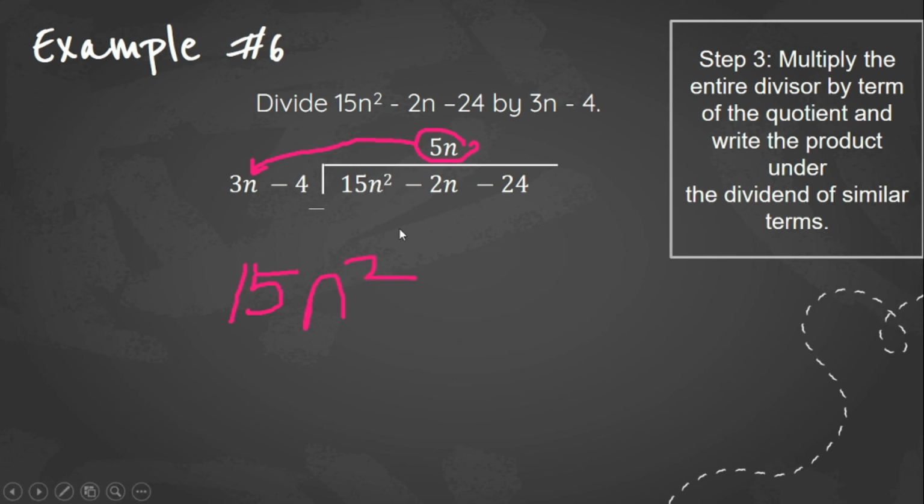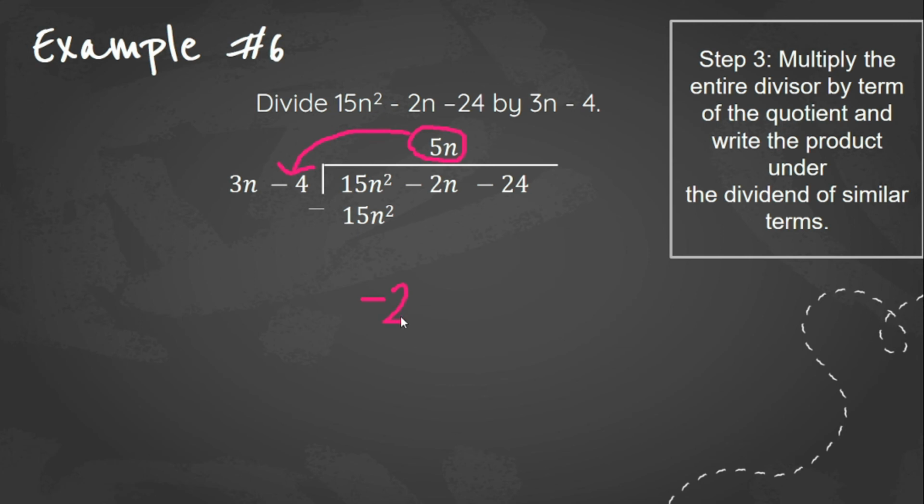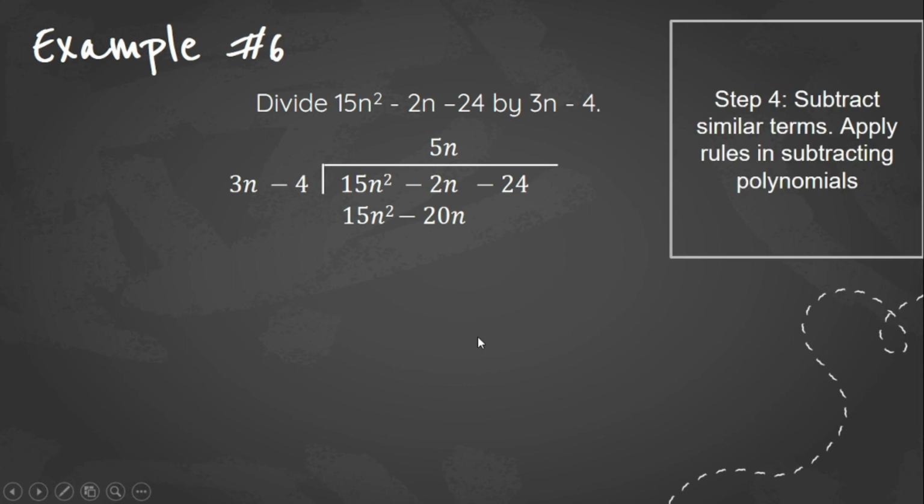So, 15n squared. Next, 5n also needs to be multiplied by the second term, which is negative 4. 5 times negative 4 is negative 20. It has no n in the divisor, but the n from 5n is copied, so we align it with the term with n. Just like in our division, we subtract the similar terms, applying the rule in subtracting polynomials.